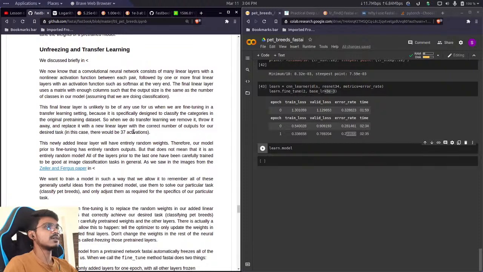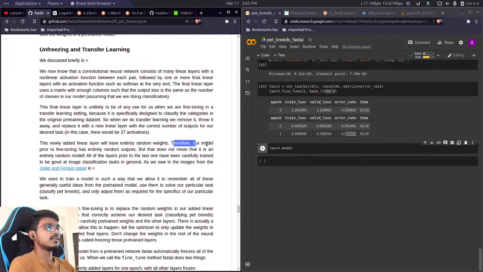In this case, there would be 37 activations for 37 categories. This newly added linear layer will have entirely random weights.